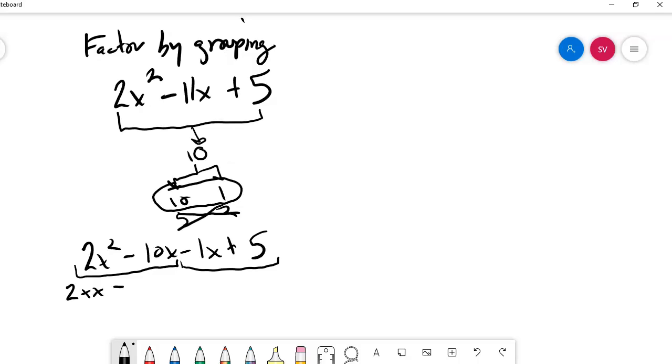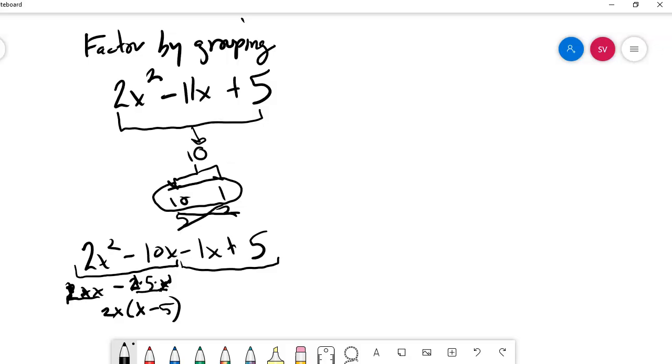I'm going to expand this 10x out into 2 times 5 times x. So comparing these two right here, I'm going to look to see what's the same that I can factor out. I have matching 2's, so I cross it off on the list. I have matching x's. I could cross them off on the list. So now there's nothing else that's in common, so I put back x minus 5 in parentheses.